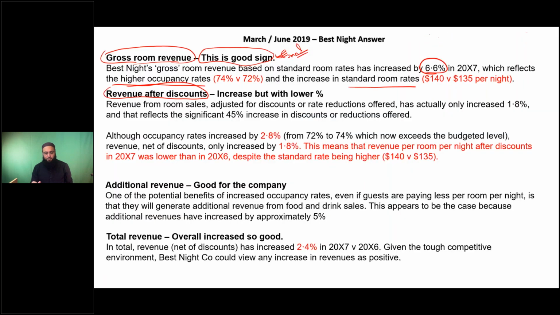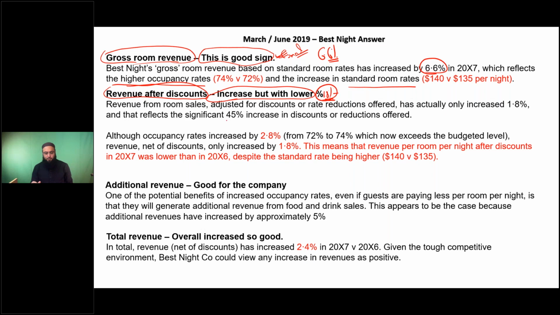So I can say here, first of all, the comment. It increased by 1.8%. But this is a very small percentage increase because your gross revenue increased by 6.6% and your net revenue is increasing by 1.8%. What is happening?